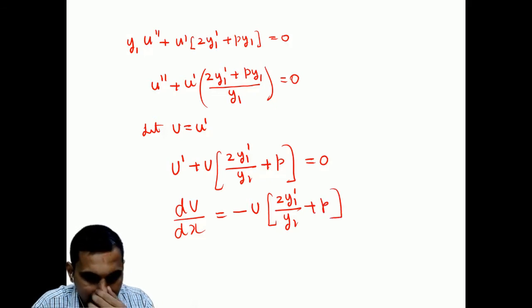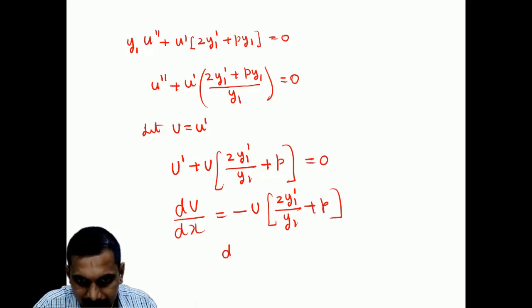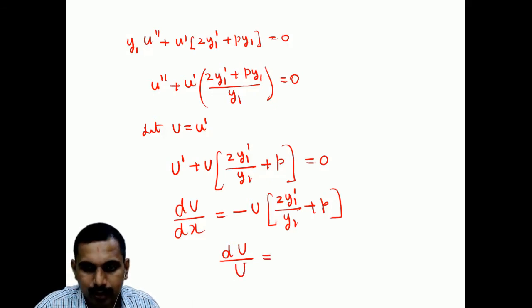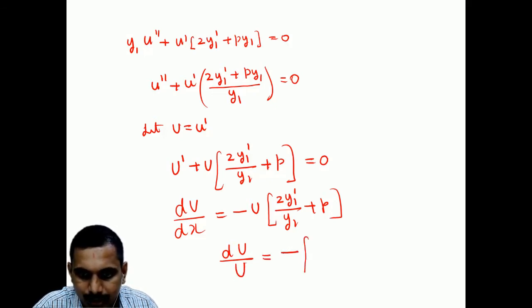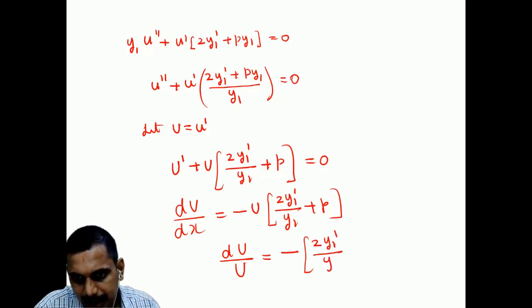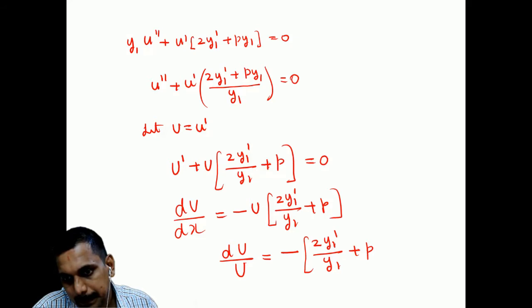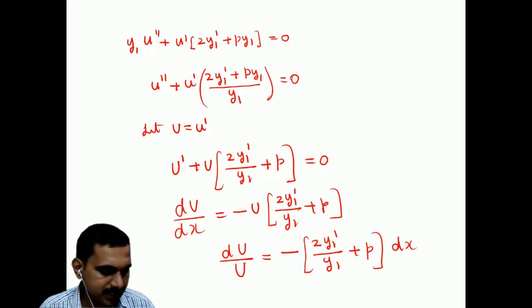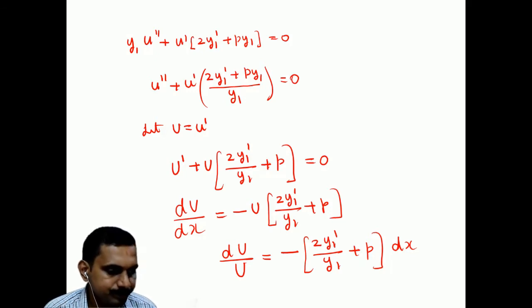Is it not? Now separation of variables: dU by U is equal to minus of 2 y1 dash divided by y1 plus p into dx. Write this down, students.